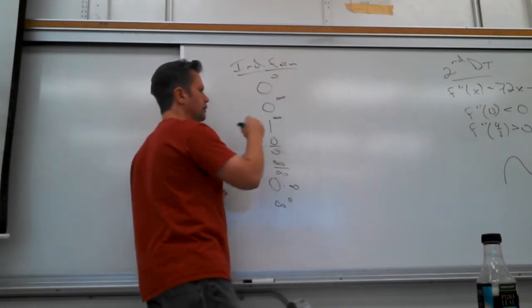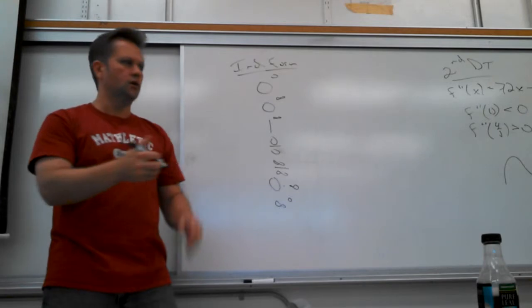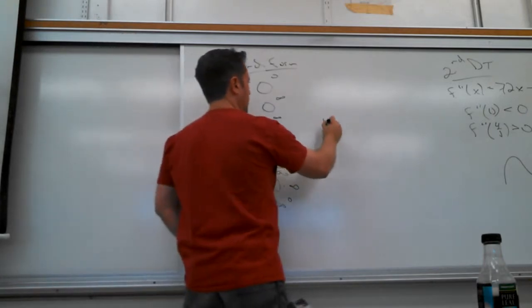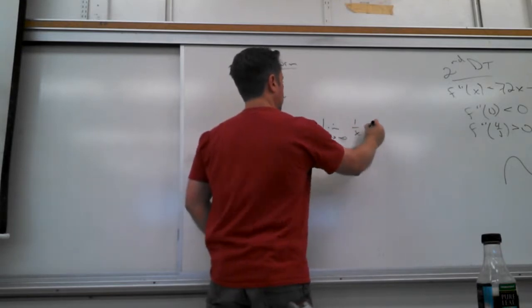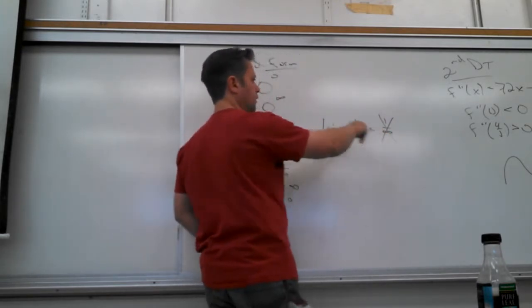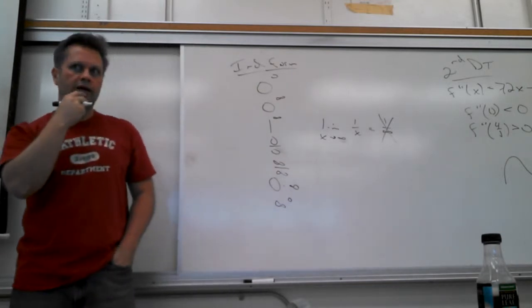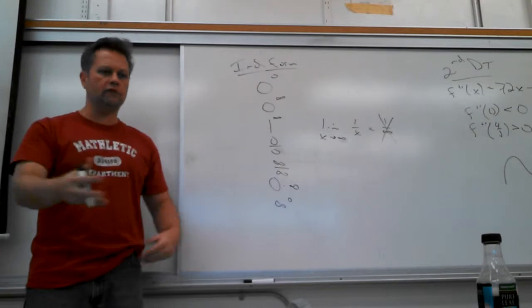It's a little bit of a pet peeve, but for some teachers it's a little bit worse. You never say the limit of x to infinity of 1 over x. No, that hurts me to see that. You cannot plug infinity into something, because you can't even get it.